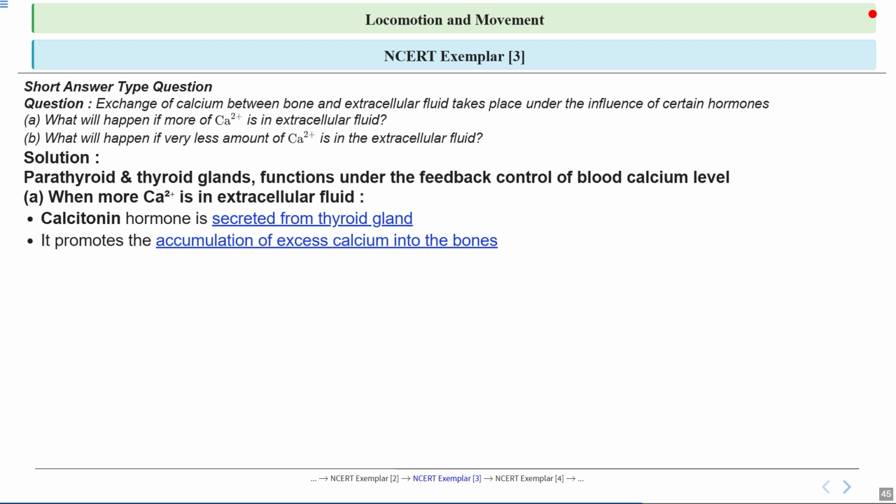So it refers to the process in the body where the hormone involved, such as parathyroid hormone, helps in increasing the amount of calcium stored in the bones, leading to stronger and denser bones by pulling calcium from the blood into the bone tissue.